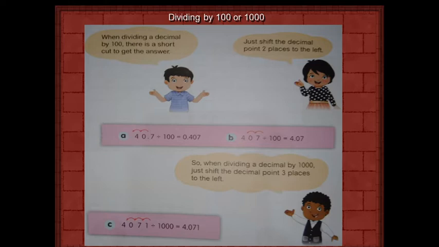The decimal point moves to the left 3 times because 1000 has 3 zeros. Starting from the point after number 1, move to the left 1 time, 2 times, 3 times. So the decimal point is between 4 and 0. So the answer is 4.071.